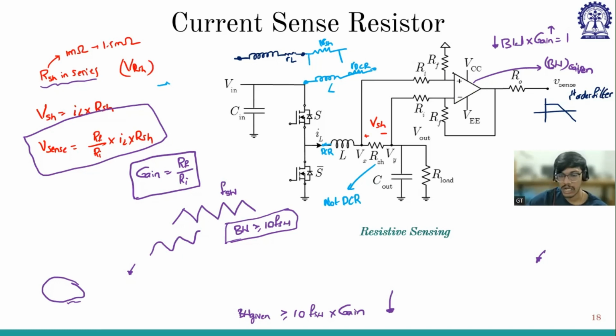The functionality of the op-amp is such that it is like a first order filter, and for a first order filter, we know that the gain bandwidth product is constant. So if I increase gain, the bandwidth of the op-amp will reduce. I'm not talking about the bandwidth of this Bode plot. I'm talking about the effective bandwidth of the op-amp itself. This is coming from the op-amp functionality.